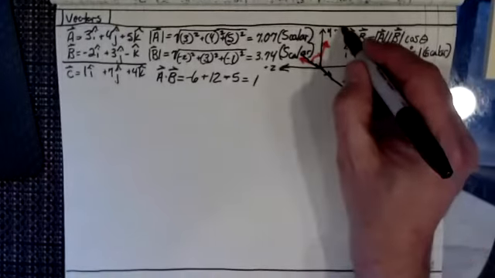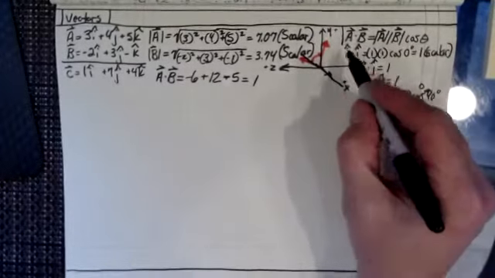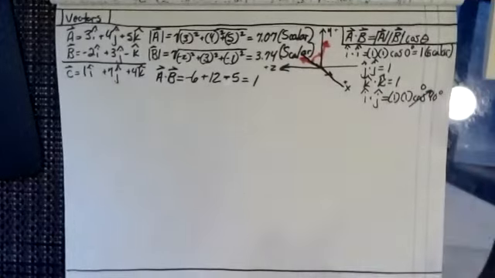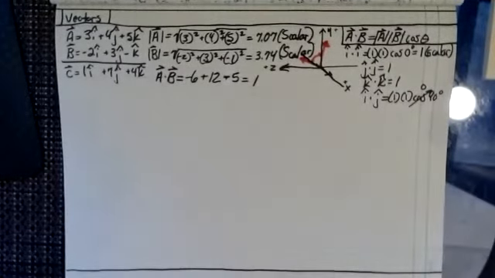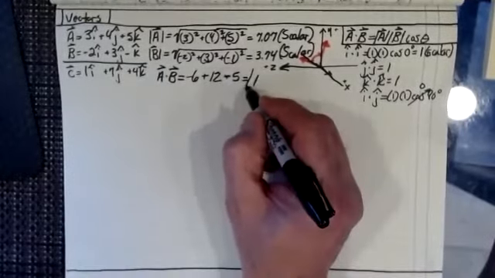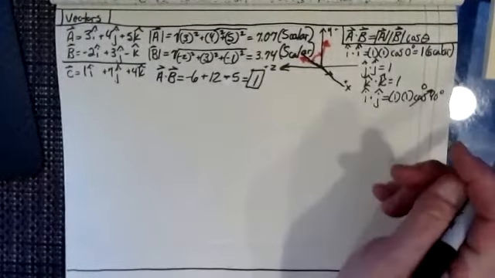And we know over here from our definition of the dot product, the magnitude of A times the magnitude of B times the cosine of the angle between the two. We now know what the dot product is, right?